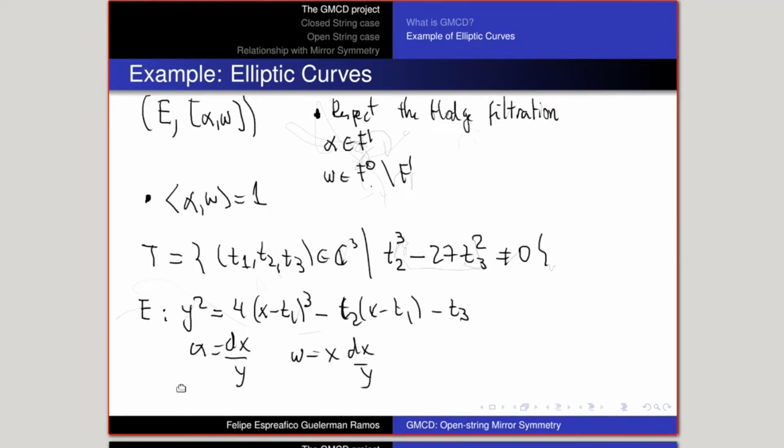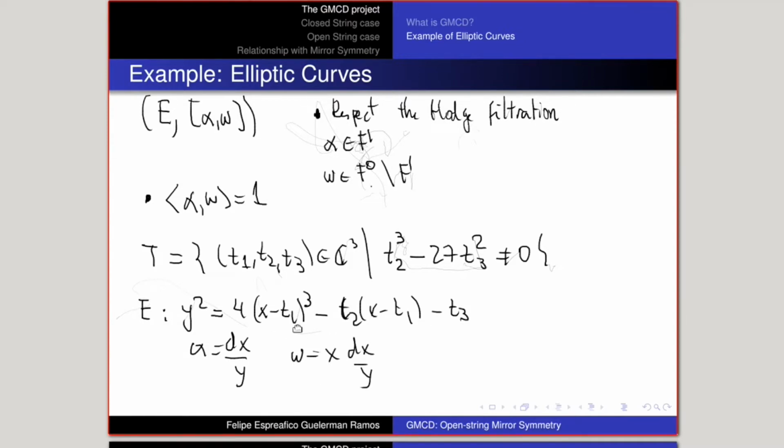So this is how we identify. We take any elliptic curve, which can be written in this form, and then we take these two forms to be alpha and omega. Notice that I could take this t1 off because I don't really need it here, but if I took it out here, I would have to put it here in omega. So it's just the same thing.